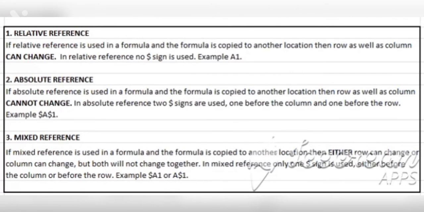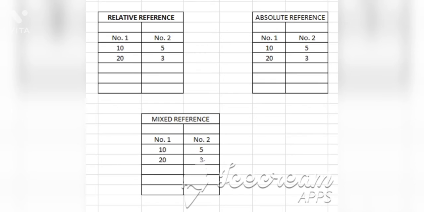In mixed reference, only one dollar sign is used, either before the column or before the row. Example $A1 or A$1.